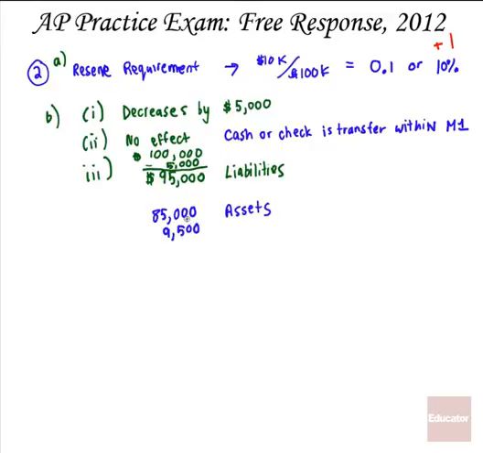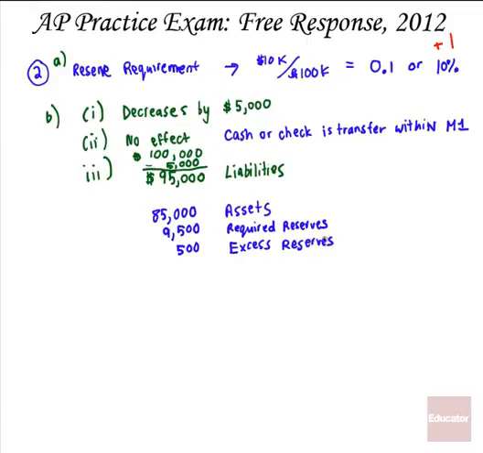So the amount of actual reserves versus the amount of excess reserves is going to be a little different. You have $10,000 in reserves, $9,500 of which is required, and you're going to have $500 of excess reserves.